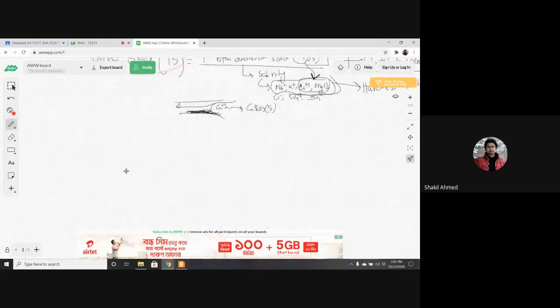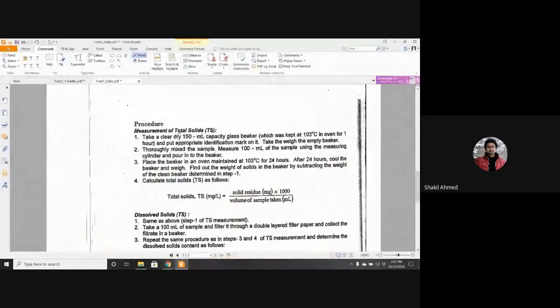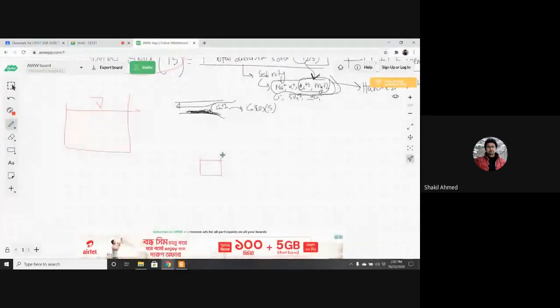Okay, it's very easy. For example, this is the sample you want to measure the TDS for. You take a beaker, a 150 ml beaker, and you take 100 ml of sample from here.